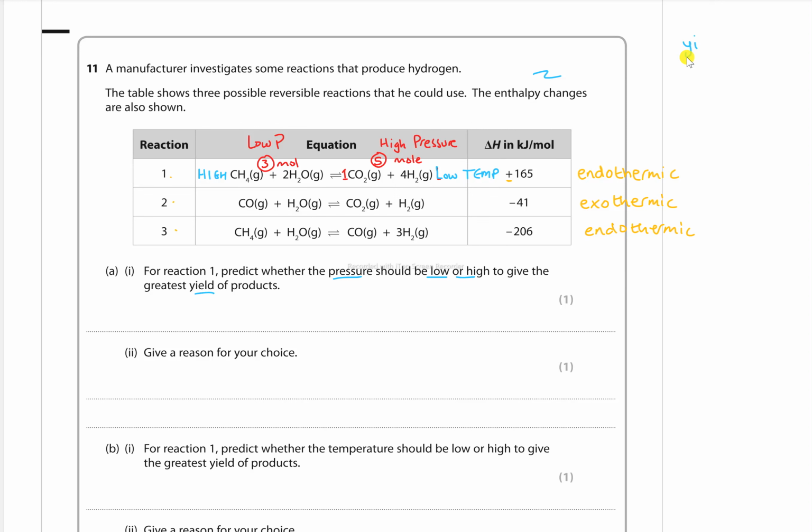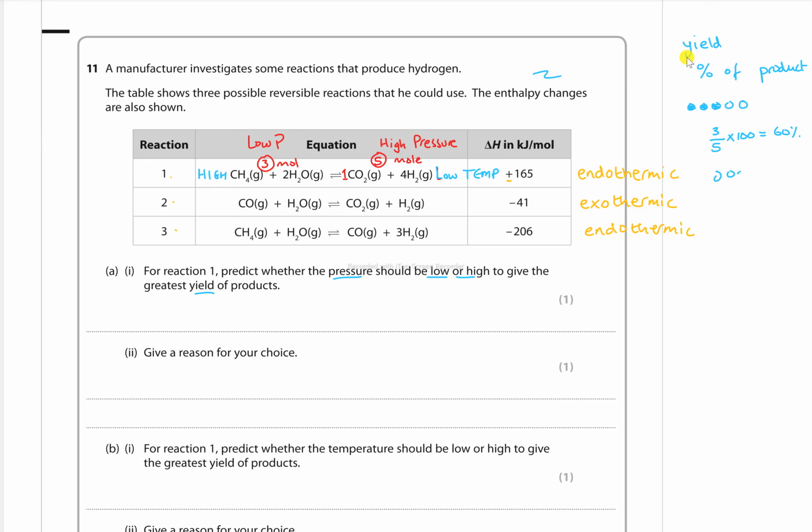Remember we said yield is how much product or percentage of product. So it's like saying, if I had 5 seeds and 3 grew, 3 out of 5 have grown. As a percentage, that would be 60%.